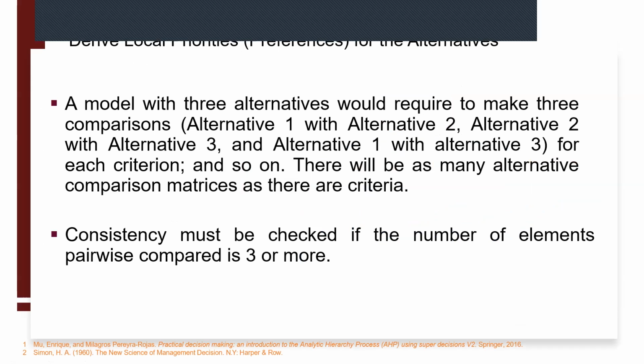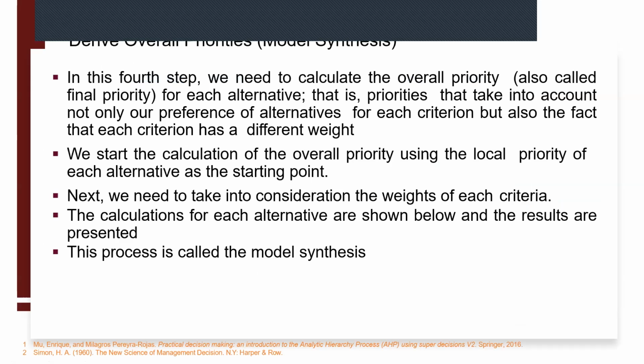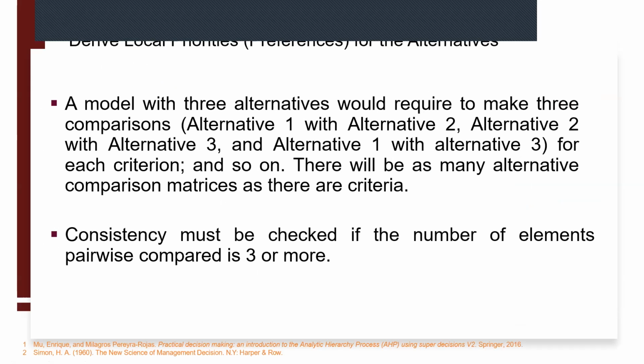But before we do that, we have to use now the evaluation of the alternatives. This is what we call derived local priorities, the preference for the alternatives. Remember, we have already done it for the criteria. Now we are into the alternatives.